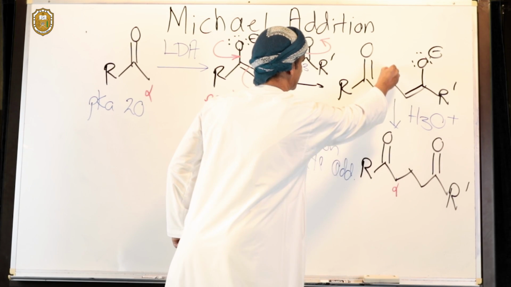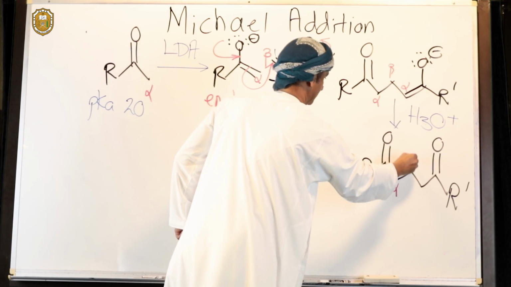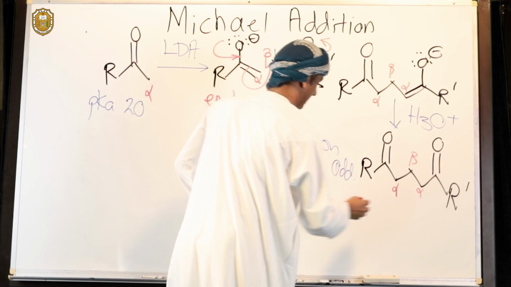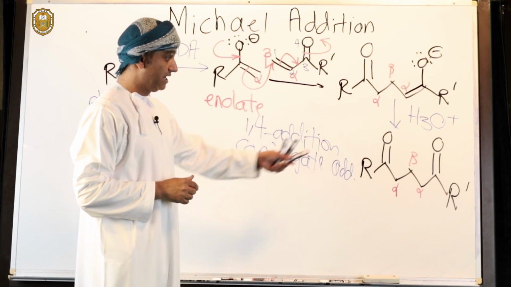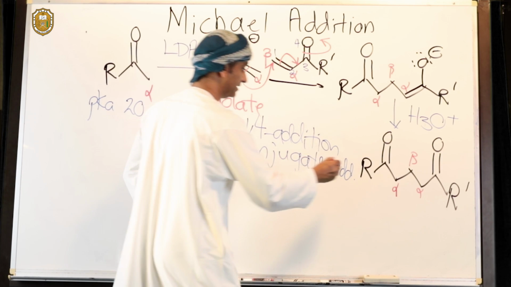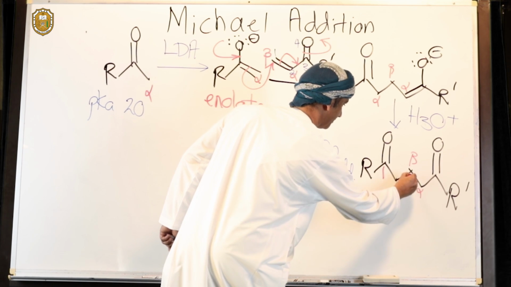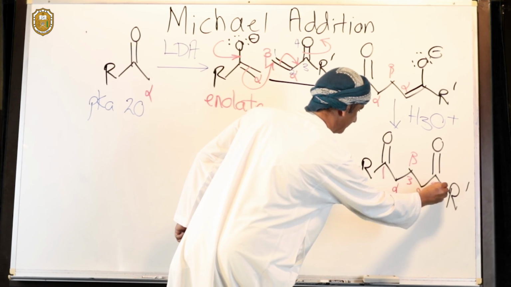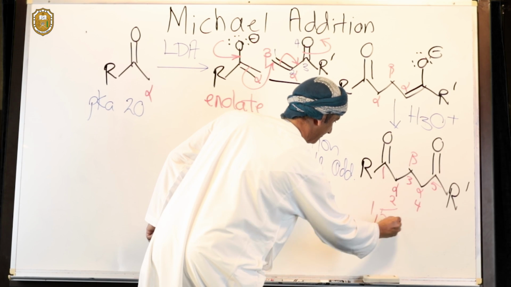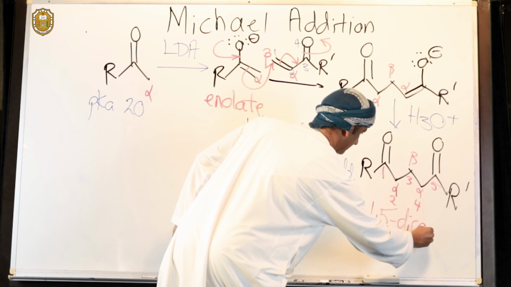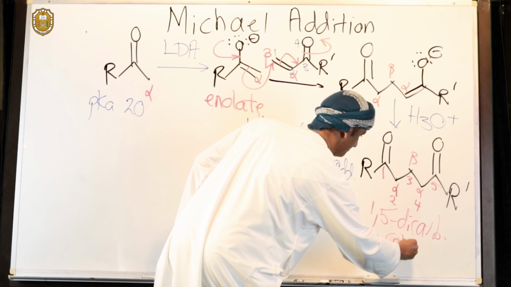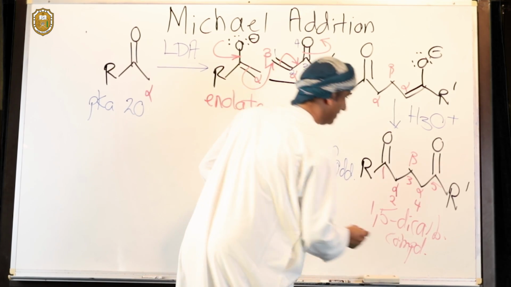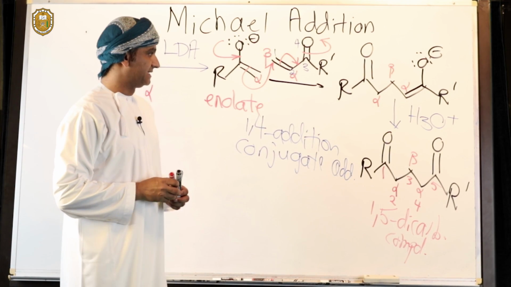That's of course the beta carbon from the alpha beta unsaturated carbonyl compound. If you number these carbons, you will see it is 1, 2, 3, 4, 5. It's a 1,5 dicarbonyl compound, or a 1,5 diketone specifically.